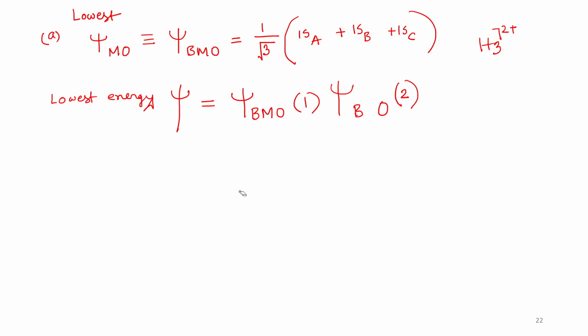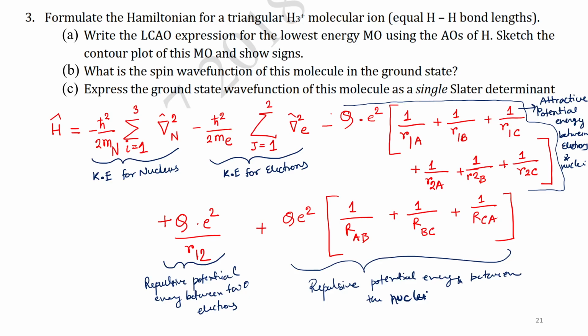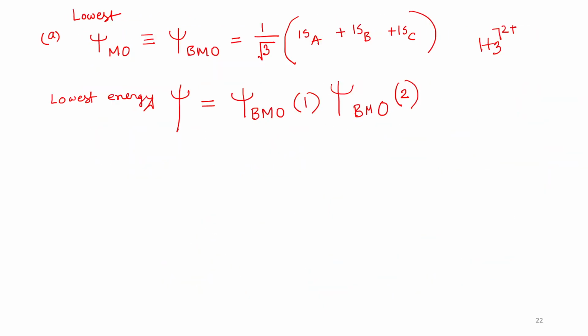So we have written the LCAO expression of the lowest energy MO using the AOs of each hydrogen. Now sketch the contour plot.